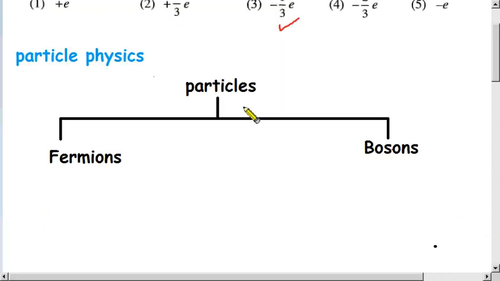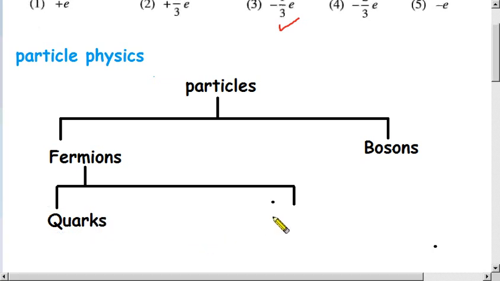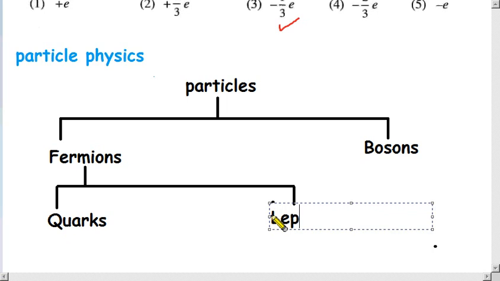Again these fermions are divided into 2 groups. What are they? One is called quarks, the other is called leptons.